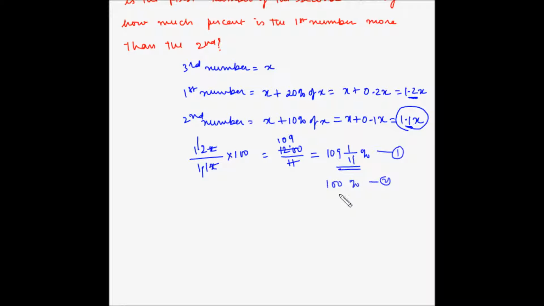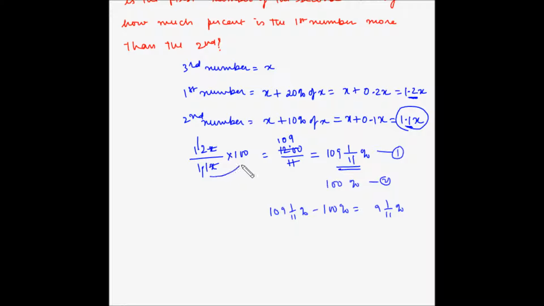So the second number here is 100% and the first number is 109 1 by 11%. So 109 1 by 11% minus 100%. So this is 9 1 by 11%. So the first number is 9 1 by 11% more than the second number.